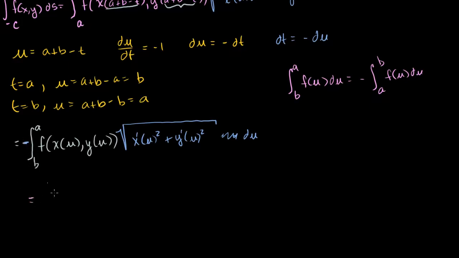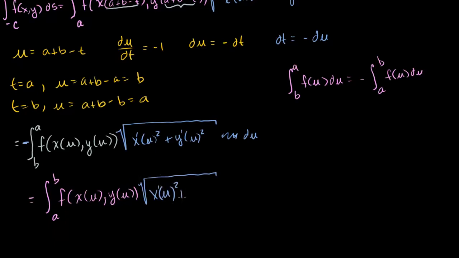So this is going to be equal to the integral from a to b. I'm dropping the negative sign because I swapped these two things. So I'm going to take the negative of a negative, which is a positive, of f of x of u, y of u, times the square root of x prime of u squared plus y prime of u squared du.